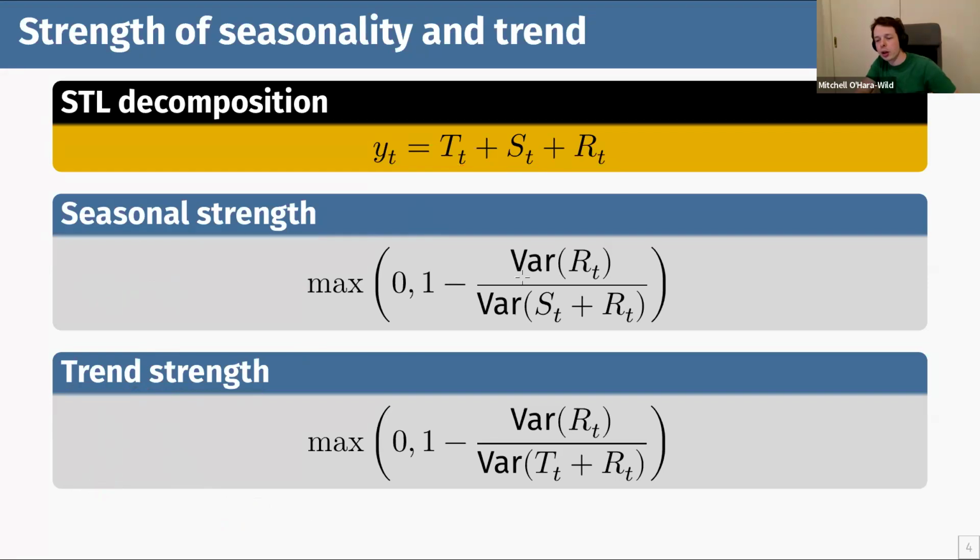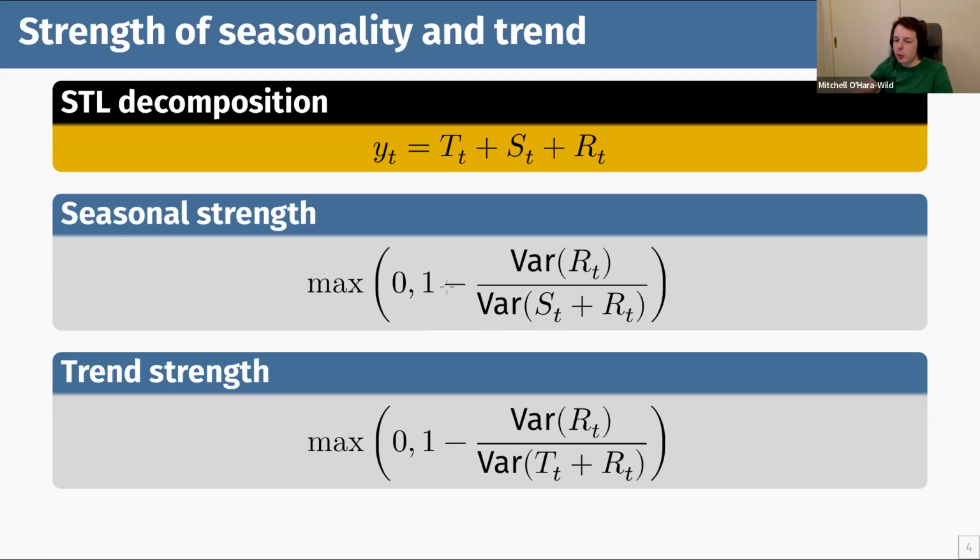And the calculation is quite simple. We have 1 minus the error or remainder divided by the seasonality plus the remainder. So what this means is that if the remainder is 0, then the seasonal strength is 1. But always you'll have some sort of remainder in a good decomposition.